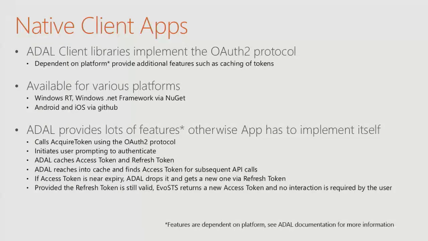And we do have these available for Android and iOS too. They cache this access token, they cache the refresh token, and build semantics around that. And we strongly recommend you, if you can, use these libraries, because they give you additional functionalities that you might have to build otherwise.